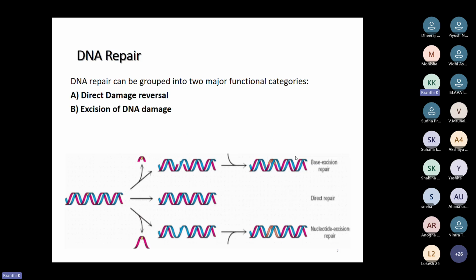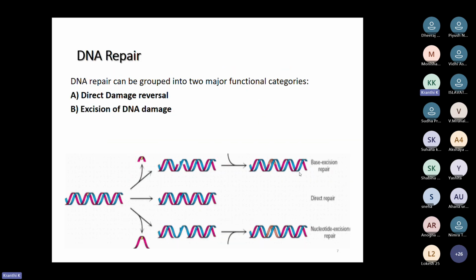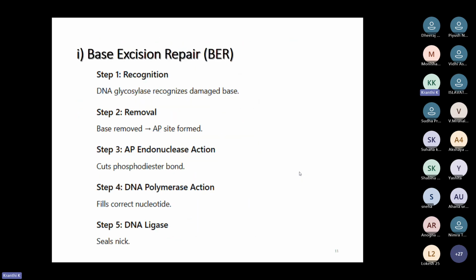So when there is any mismatch, it has to be removed, and that is the reason the base is removed. When the base is removed, it becomes an AP site, an apurinic site.